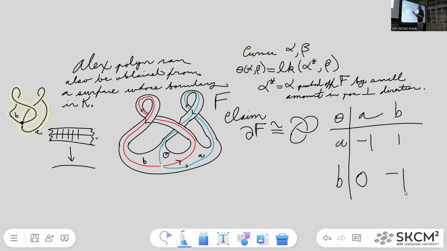You're going to take this curve and you're going to push it off itself so it goes perpendicularly and forms a little perpendicular strip with regard to itself. And then you want the linking number of that with itself. But it's a perpendicular strip, and if you just turned it by 90 degrees, you would see the strip.